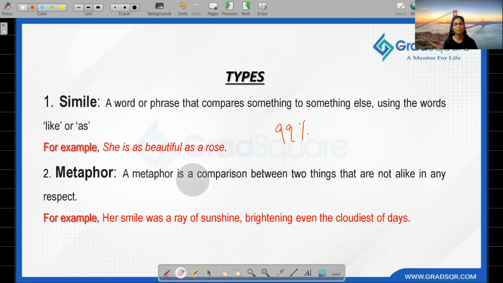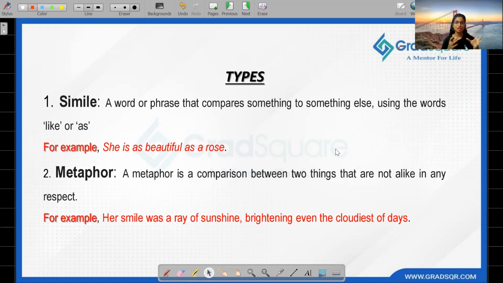Let's move on to metaphor now. So what is metaphor? Metaphor is a comparison between two things that are not alike in any aspects. Clear? Let's look at the example. Her smile was a ray of sunshine, brightening even the cloudiest of days. Here the speaker is comparing the woman's smile to a ray of sunshine, right?